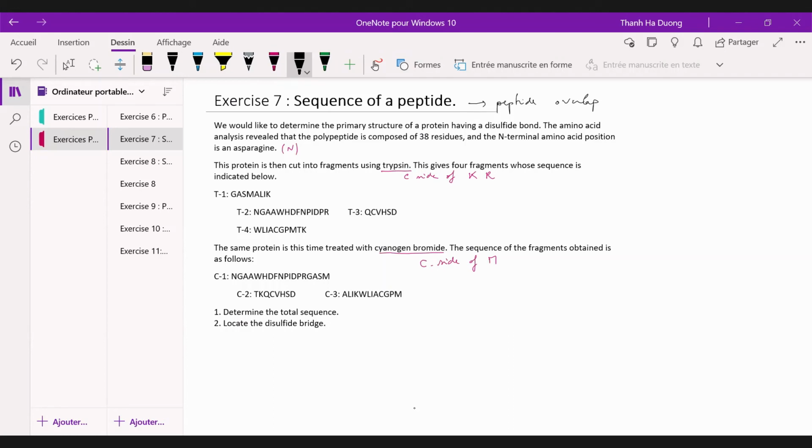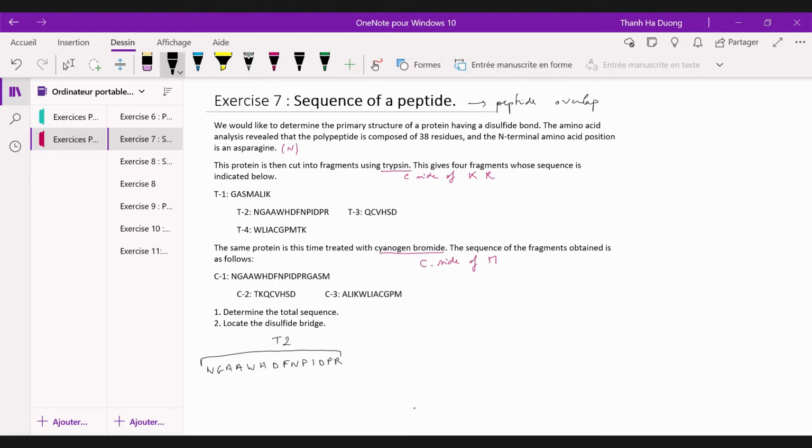But we know that the first amino acid is the N. So if I write my peptide, I will have N, G, A, W, this is my first fragment T1, T2. Okay? But after, I don't know what is the end of this peptide.